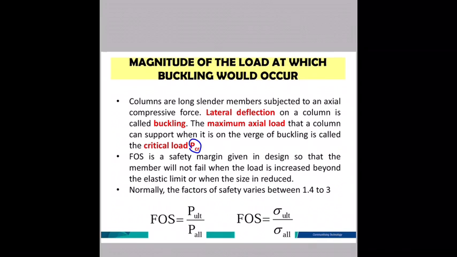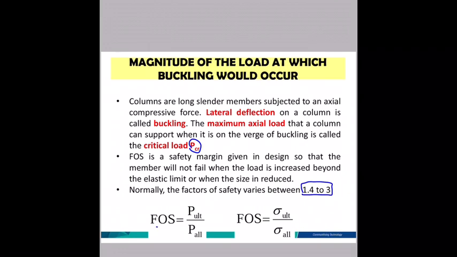Factor of safety is a safety margin given in design so that the member will not fail when the load is increased beyond the elastic limit or when the size is reduced. Normally, the factor of safety varies between 1.4 to 3 for column design. Usually, we will not go up to 3 factor of safety. We limit it between 1.4 to 3.